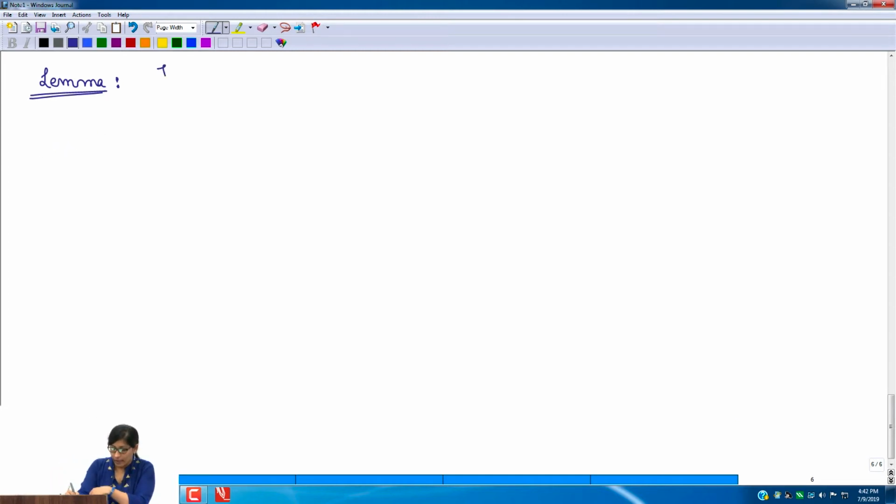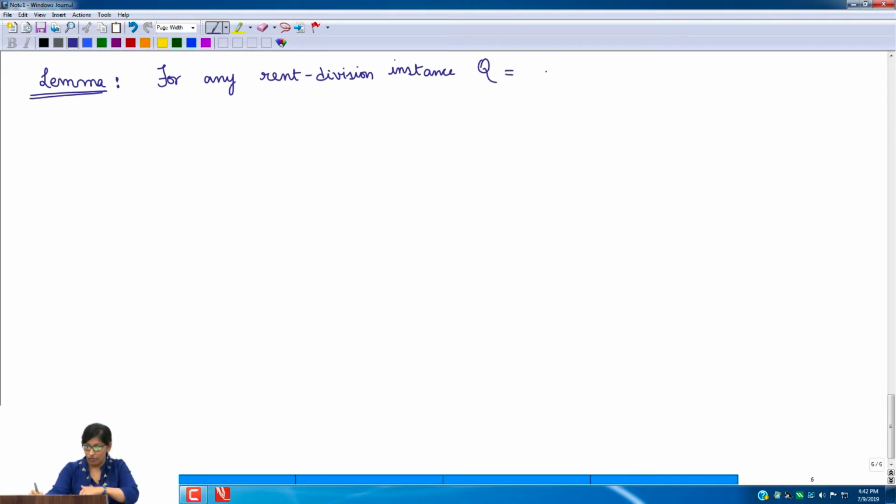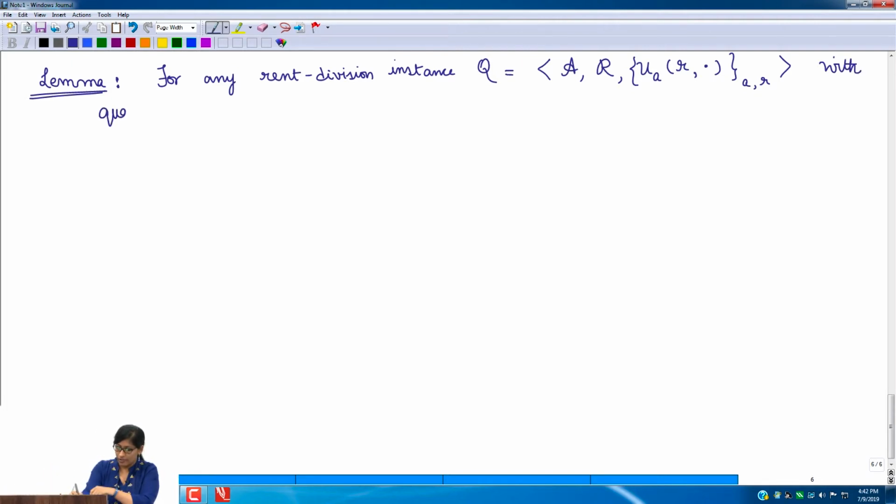Okay, so formally, let me write the lemma. Let's say for any rent division instance Q, which comes with a set of agents, a set of rooms, and the utility functions as well. Right now we are considering the quasi-linear utility model.